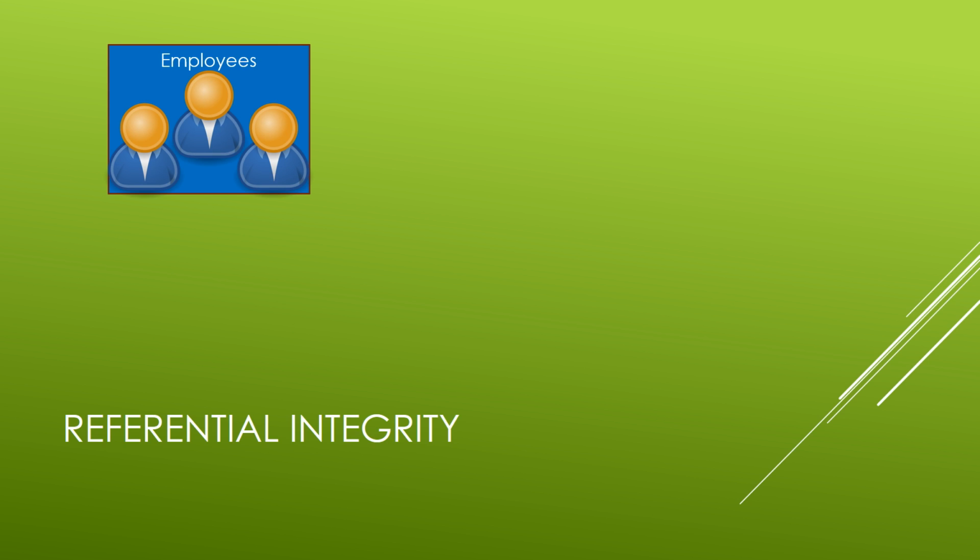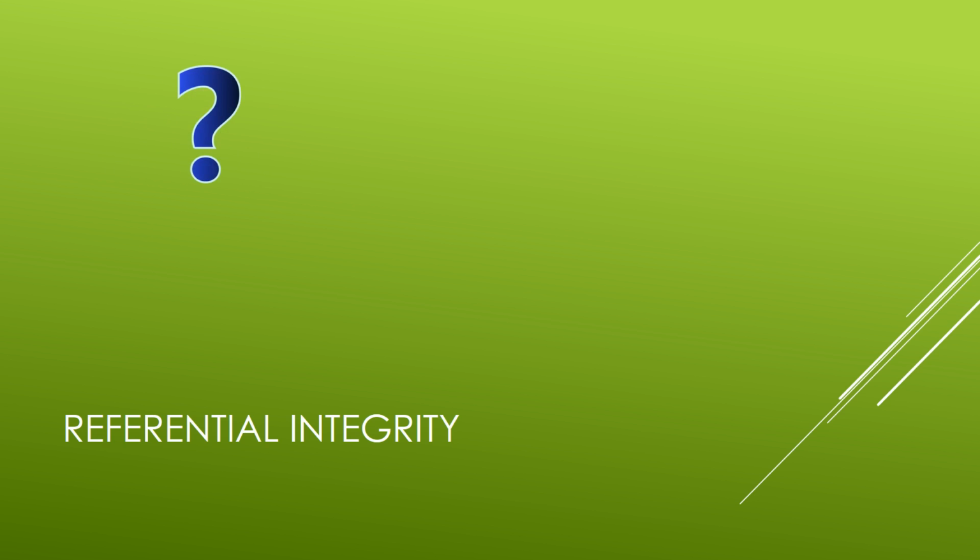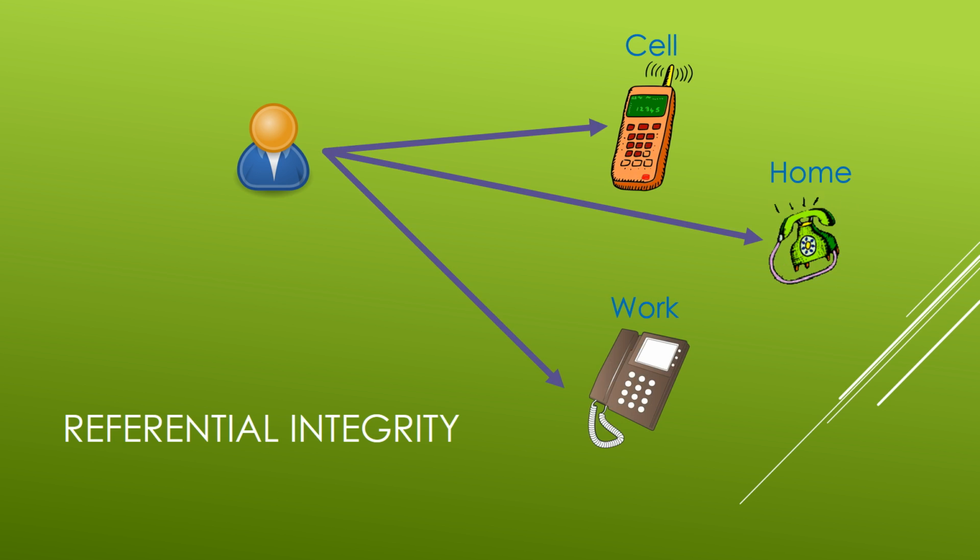So let's say that we have our employees category with several people in that employees category. Well, what happens if we were to delete the employees type from our database? What should then happen to those employees? Similarly, we should ask what would happen if one of the people in our application was to be removed from the database and that person has several different phone numbers associated with them.